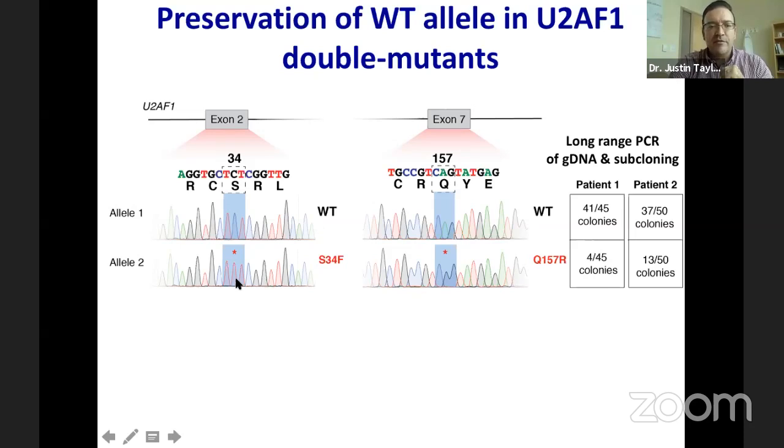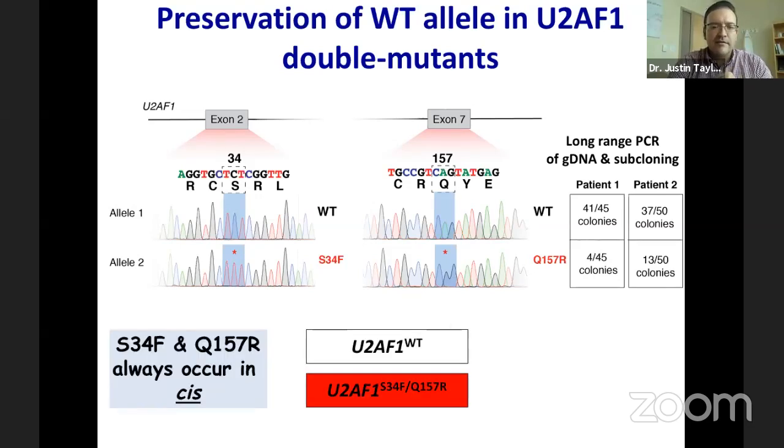And every time we found a mutation in S34, we always found a mutation in Q157, suggesting these are indeed occurring in cis. And we replicated, we had a second patient that unfortunately we didn't have material for the single cell sequencing, but we were able to perform the same cloning and long range PCR. And in both cases, they occurred in cis.